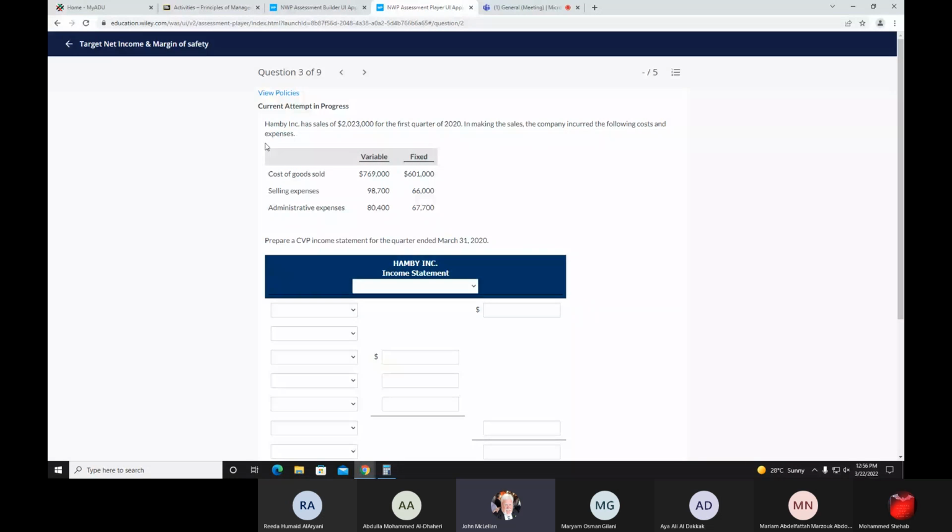Again, another statement. They give you the sales for the first quarter of 2020. CVP income statement for the first quarter 2020. Again, sales, cost of goods sold, selling and admin, and selling separate.